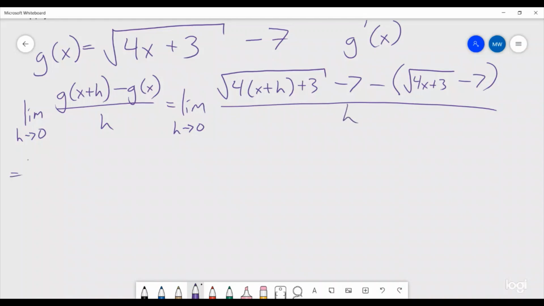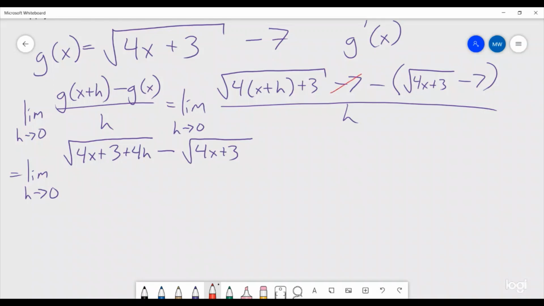So this becomes the limit as h goes to 0 of the square root of 4x plus 3 plus 4h, minus the square root of 4x plus 3, because this minus 7 and this minus 7 end up canceling each other out. And then it is all over h.